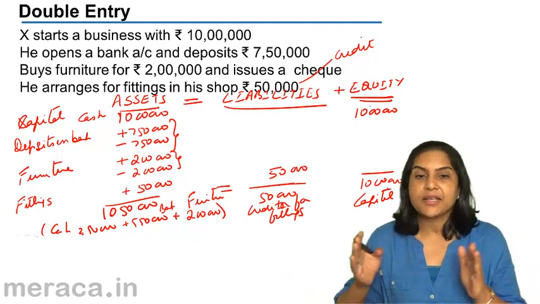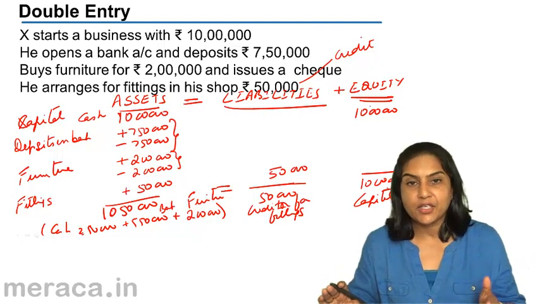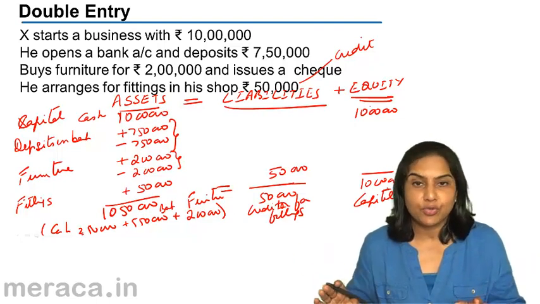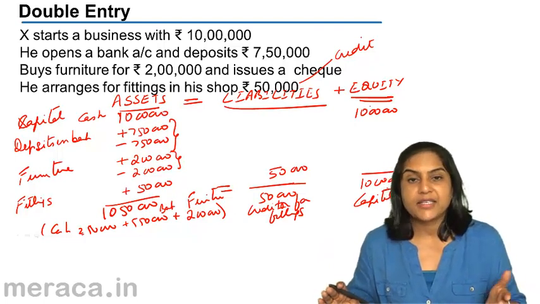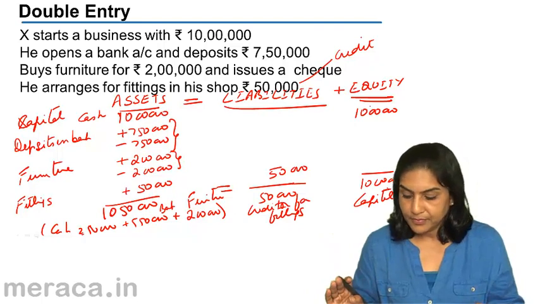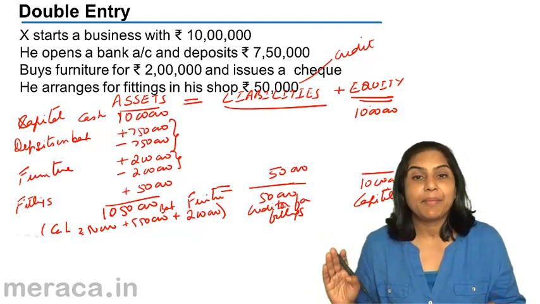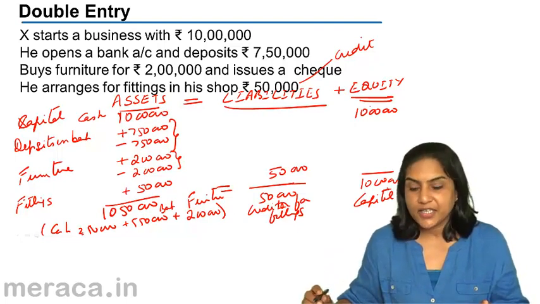Thus, every transaction has a dual aspect. If an asset goes up, a liability also goes up. Or an asset goes up and the liability comes down. Asset goes up, equity goes up. Thus, double entry is satisfied.